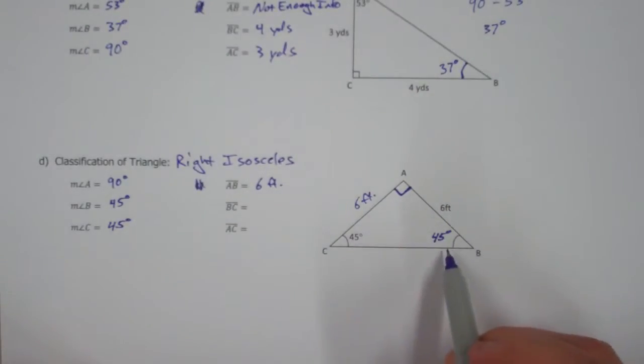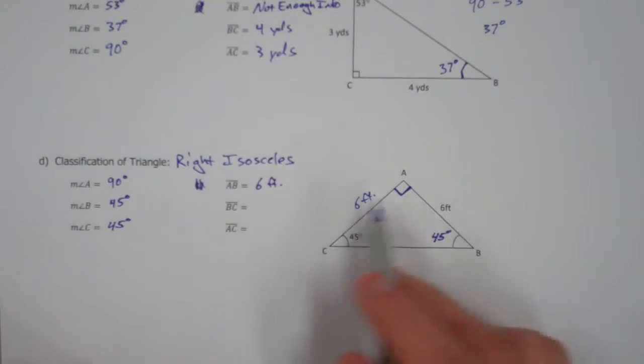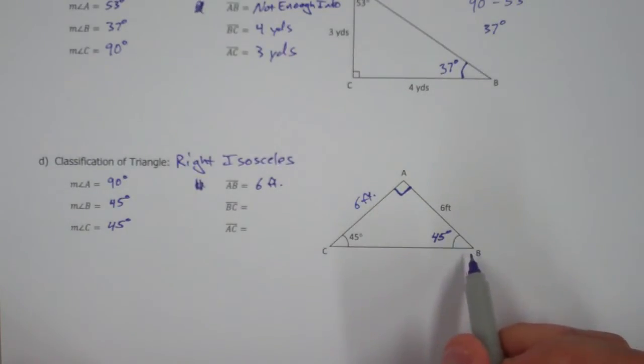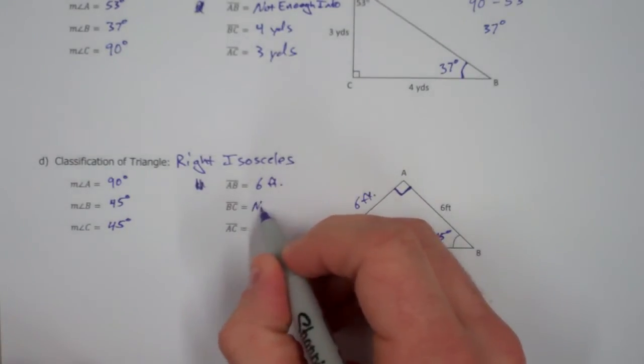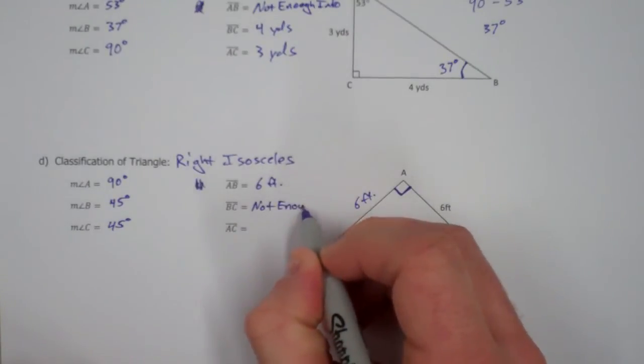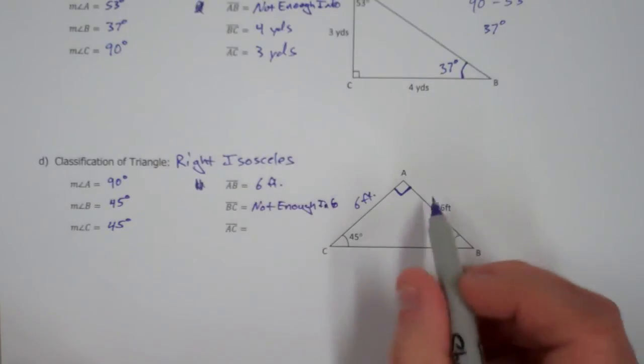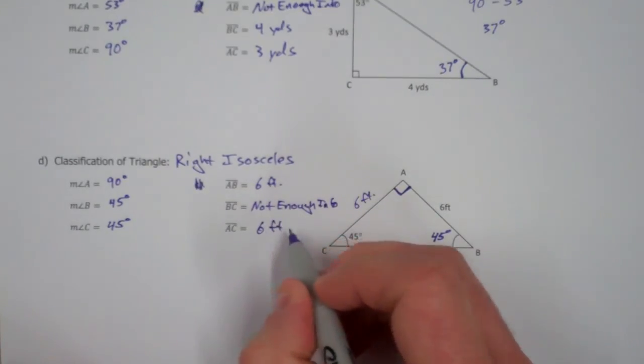We know that BC then here, well, actually we don't know what that is. And again, if it's a right triangle, then you can use the Pythagorean theorem, and you'll learn that in a later class. So we'll write not enough info right there. And then AC here would also be 6 feet.